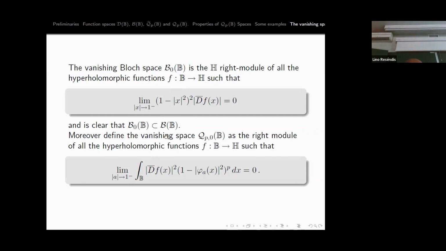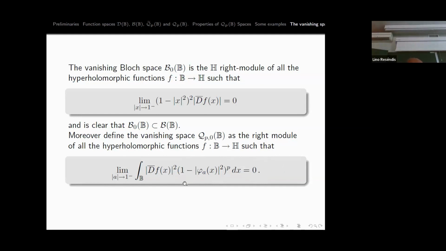Again, we can also introduce the vanishing space Qp0. It again consists of hyperholomorphic functions from the unit ball to the quaternionic set. However, now instead of the supremum being finite, the limit when the modulus of a tends to 1 is equal to 0. Then we say that f belongs to the vanishing space.